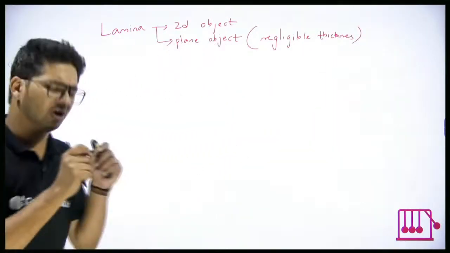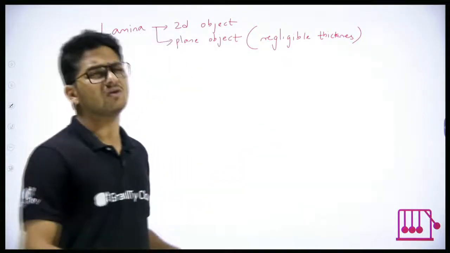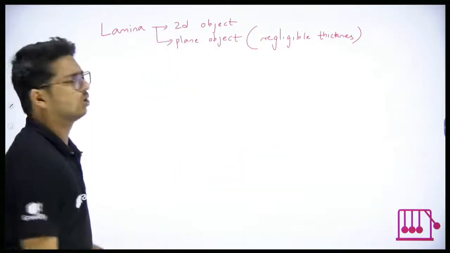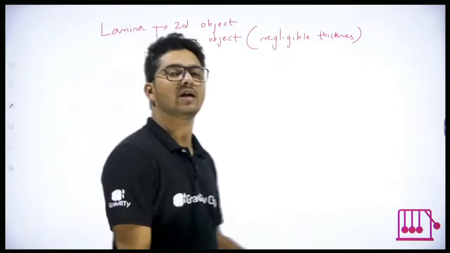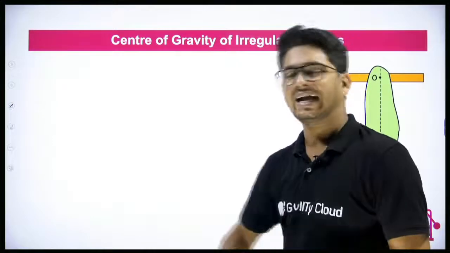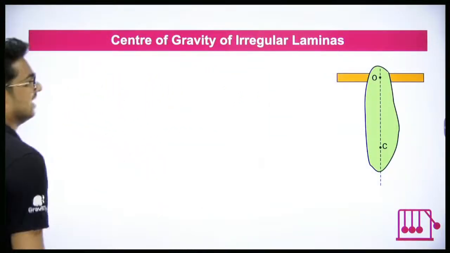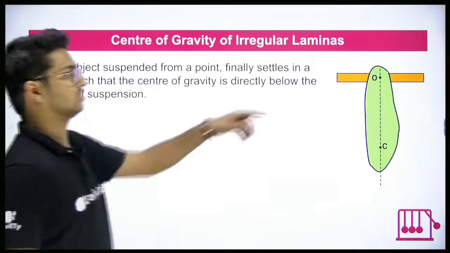A paper which is not crushed. Its thickness is not exactly 0, but negligible, very less. So you can call that a plane object or a lamina.